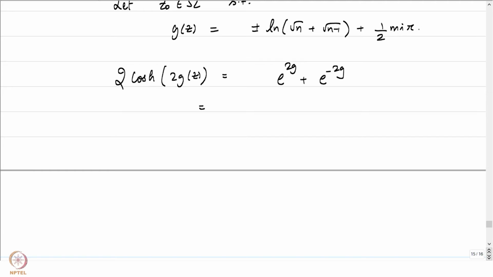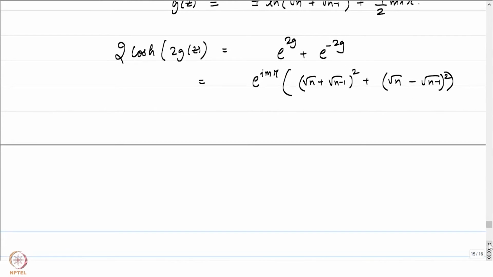And what is e to the power 2g here? That's going to be equal to e to the power i m pi times e to the power plus or minus log of this. So this is going to be square root of n plus square root of n minus 1, plus the square root of n, 1 by square root of n plus square root of n minus 1, by multiplying by square root of n minus square root of n minus 1. The denominator becomes, there is a square involved, so there is a square here, there is also a square here.